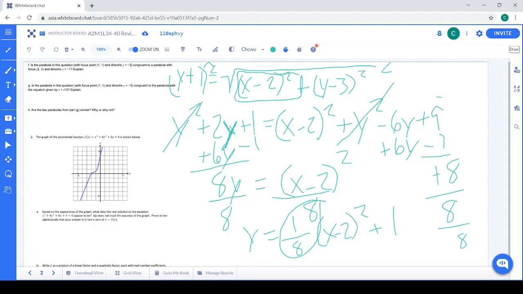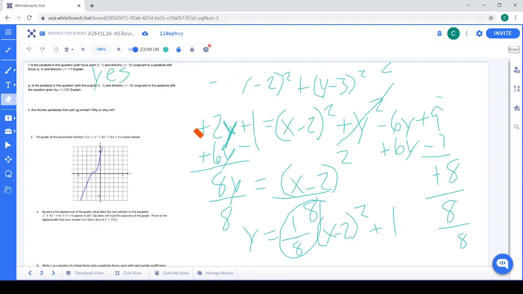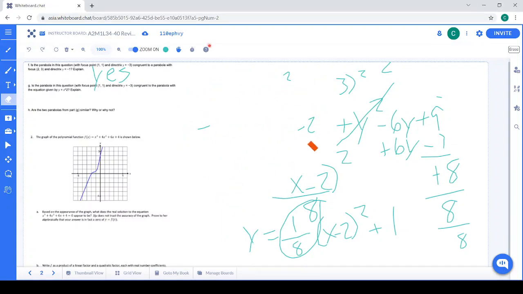Now, is the parabola, if this is G, so yes, it is. Is the focus point and the directrix congruent? So it's the exact same thing.